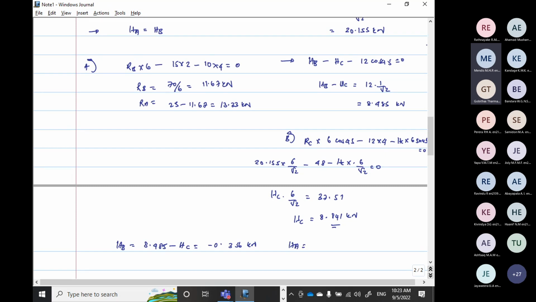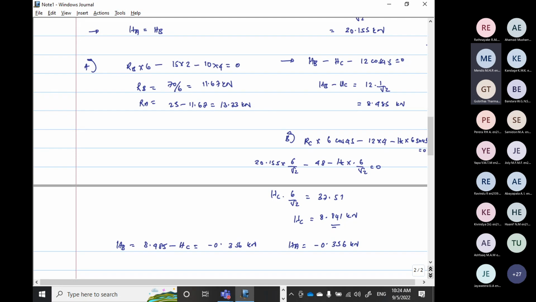So HA is also equal to HB, that is minus 0.356 kilonewton. So we can find the reactions like this. There will be a way to find the reactions.